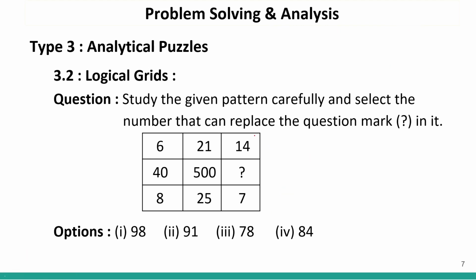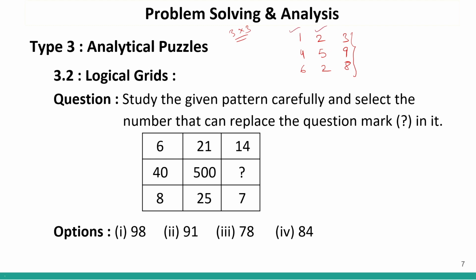So logical grids basically have these numbers. So let's say we have something like this. Okay, I'm drawing a 3 into 3 logical grid and I'll explain it to you. So we have something like this: 1, 2, 3, 4, 5, 9 and 6, 2, 8. Now when I look at these numbers, I can see that these numbers are slightly bigger than these two numbers, right?